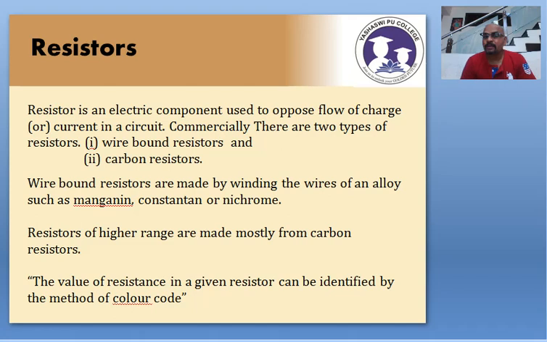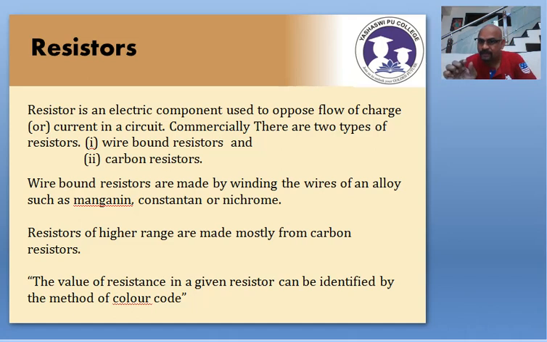And for resistances in the higher range, for example 100 kilo ohms, 10 kilo ohms, if you want resistance of higher range, then usually it is made up of carbon. The size of that carbon resistor will be very small.